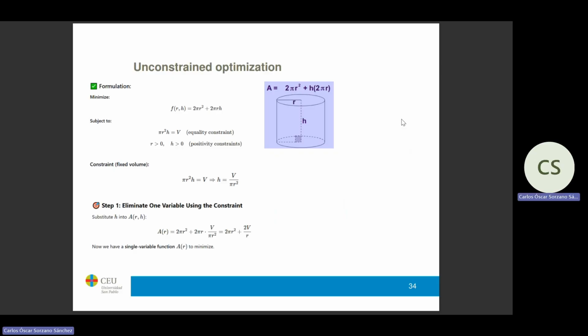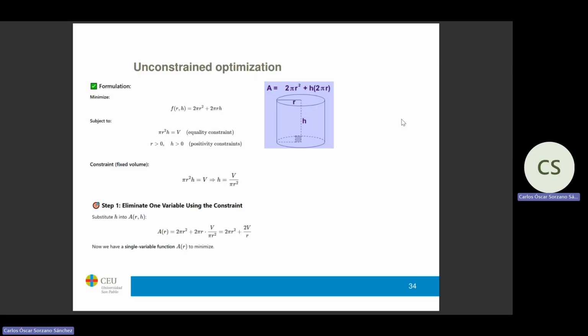Before doing that, let's see how to use this knowledge. Let's say you remember the tank problem that we had yesterday. We designed a tank that had minimum area, but it still contained some given volume. So this was the problem formulation.